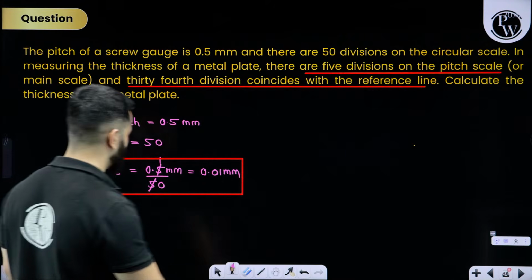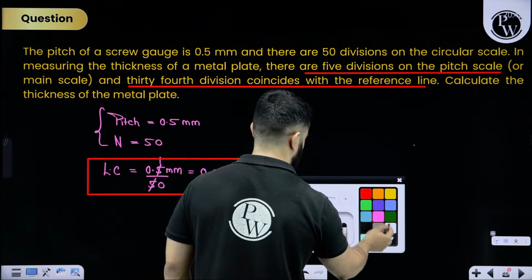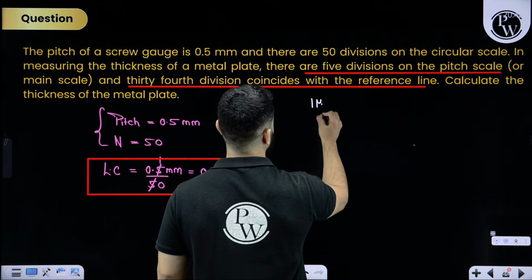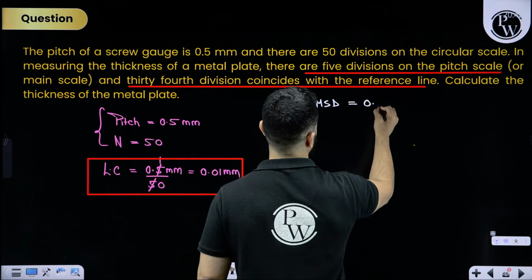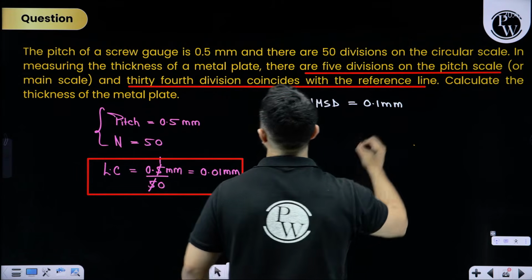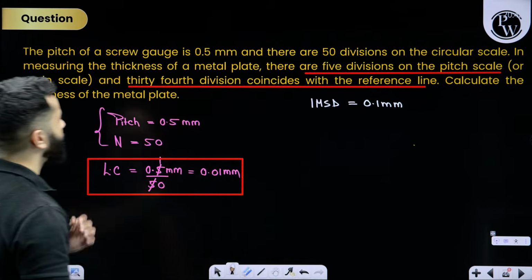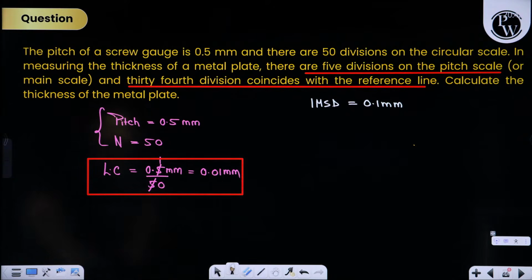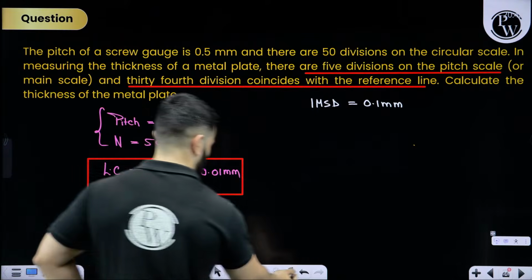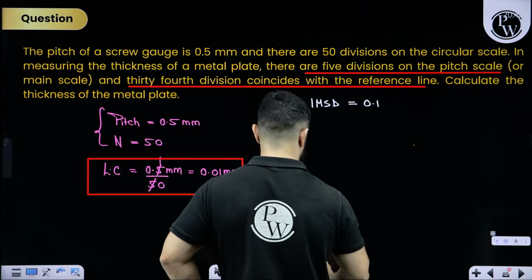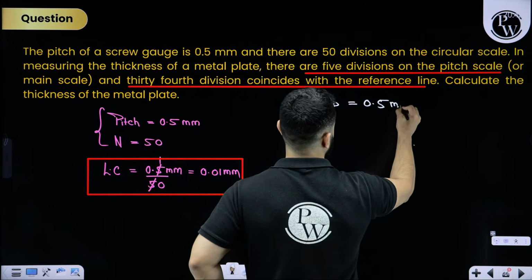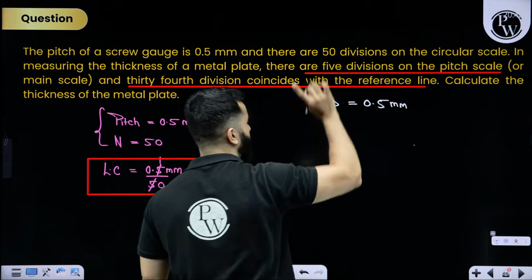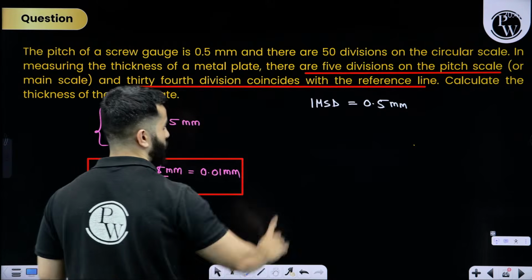I'm going to consider one main scale division over here as 0.1 mm by looking at the pitch. No, 0.5 mm, sorry. 0.5 mm. Although they have not said what one main scale division is, but fine, 0.5 mm.